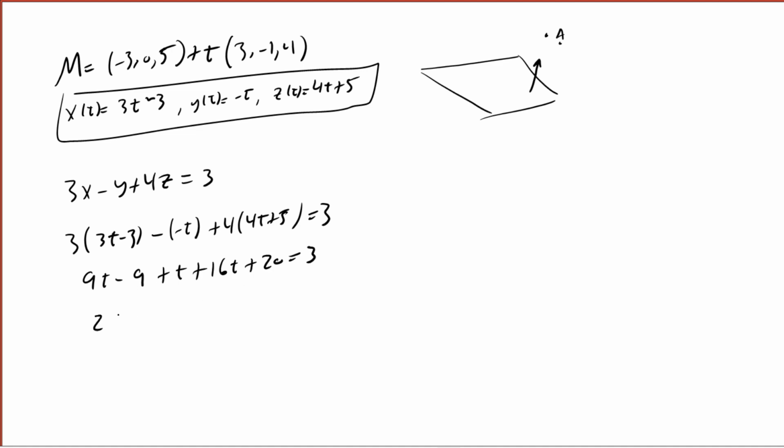So that's 26t, so that's minus 9 plus 20 is plus 11, equals 3. 26t equals minus 8.